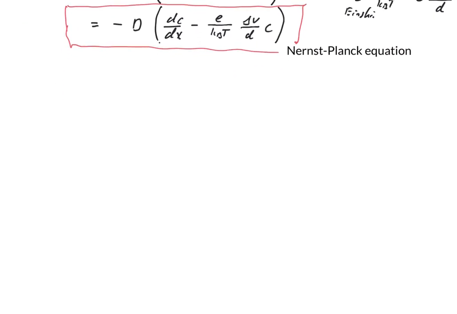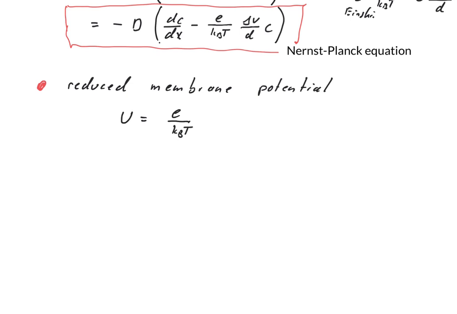As a first step, it's useful to define a reduced membrane potential given by U is equal to e divided by kBT times Z, the number of charges per ion, times delta V, which relates the electrical energy e times Z times delta V with the thermal energy kBT.